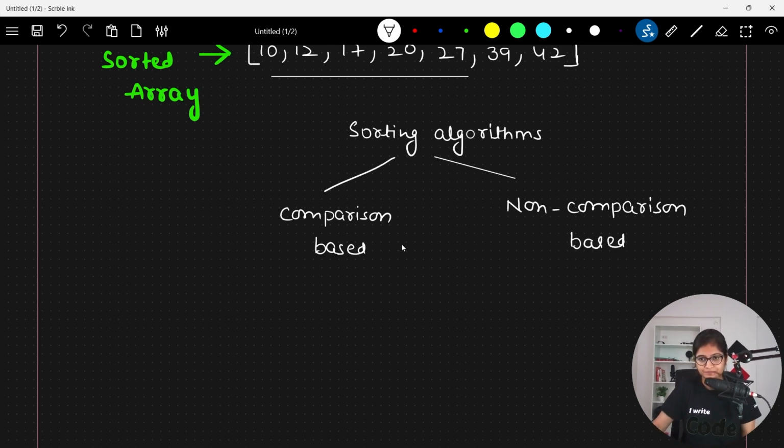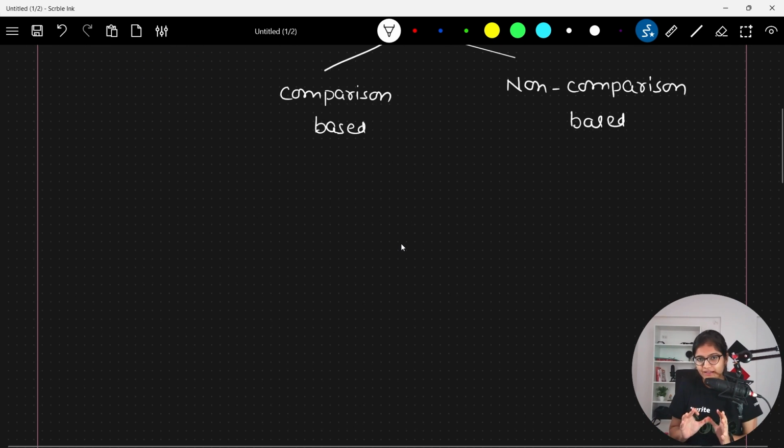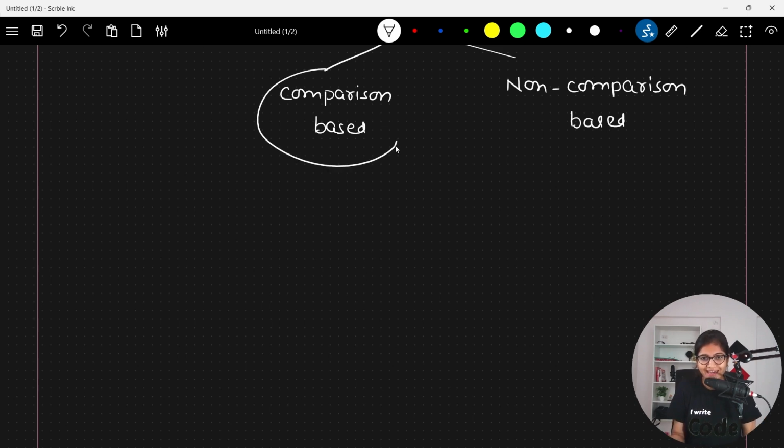Now what does that mean? When I say comparison based sorting algorithm, the simple meaning is that the array elements are doing some sort of comparison. The comparison goes on within the values that we have inside the array, as the name suggests, comparison based.